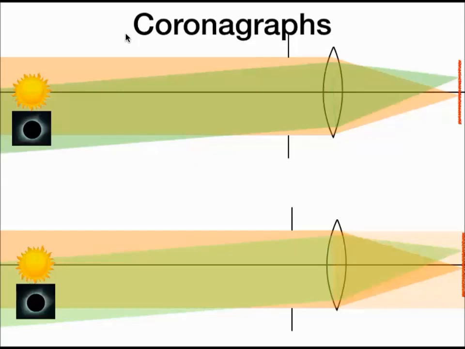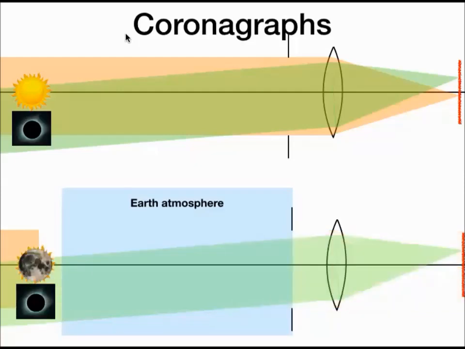Now, of course, there is the Earth atmosphere also on top of that makes it even worse. But if there is an eclipse, the moon gets in front of the sun, then it works spectacularly, and you're left with the usual problems of the Earth atmosphere, but you can actually make these beautiful images of the eclipse.